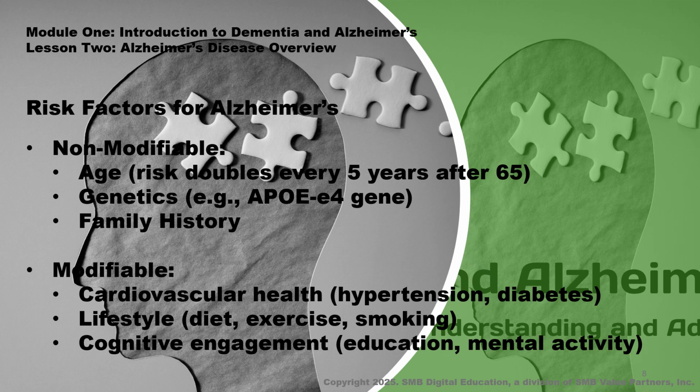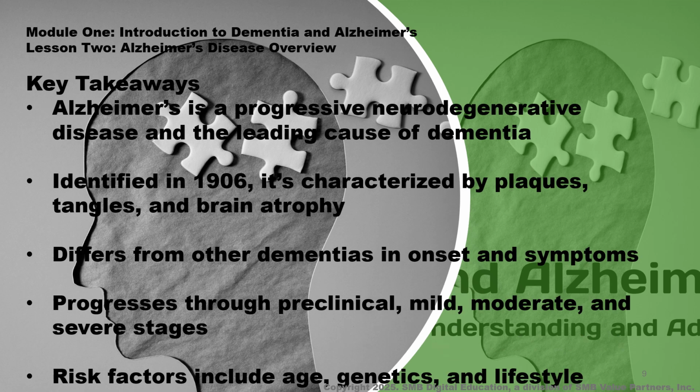Let's wrap up with key takeaways. Alzheimer's is a complex, progressive disease that accounts for most dementia cases. Its discovery by Dr. Alzheimer revealed plaques and tangles as key features, distinguishing it from other dementias like vascular or Lewy body dementia.